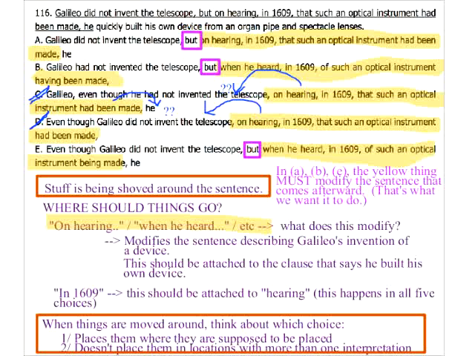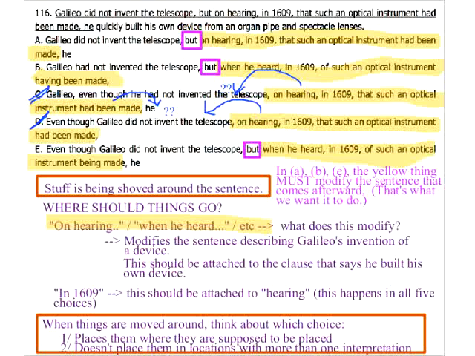Does anybody have any objections to E or B? It does turn out that A is correct. Yeah, B is not a sentence, right?